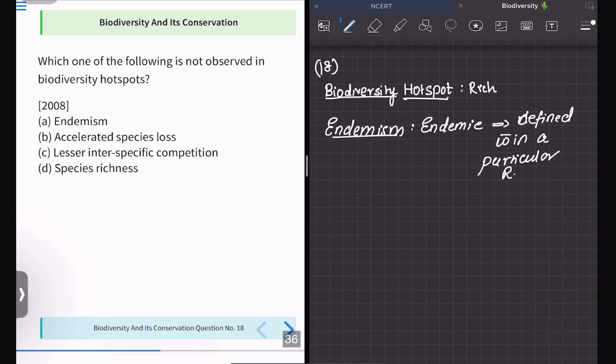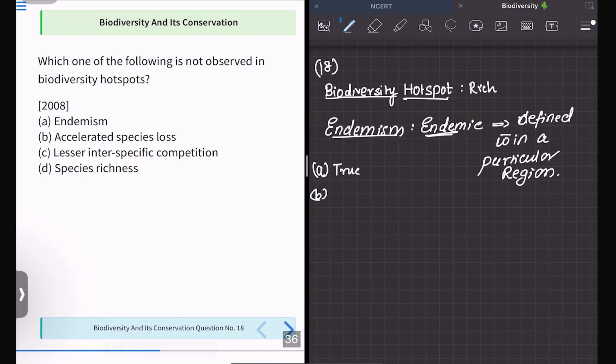In other areas, you will not find such richness in species, while in a particular area, there are going to be some specific species. So you can say that these species are specific for a particular area. And instead of saying the big term like specific for a particular area, we are replacing it with endemic. Okay. So that is what endemic is. So yes, it is true. The biodiversity hotspots are endemic. So option A is true.